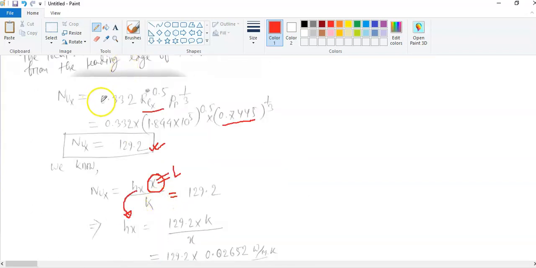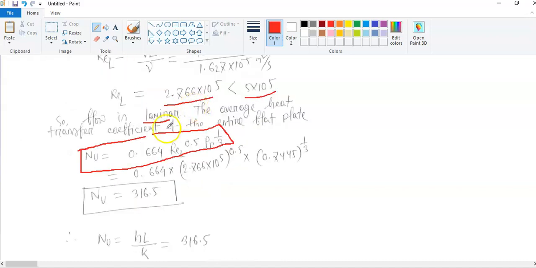Previously you used the Nusselt number 0.332 Reynolds number to the 0.5, Prandtl number to the 1/3. But here, why are you using 0.0664? Why not 0.332? Yeah, that's a good question.